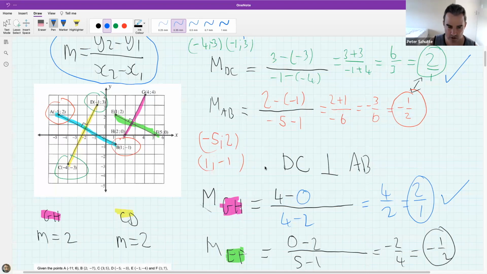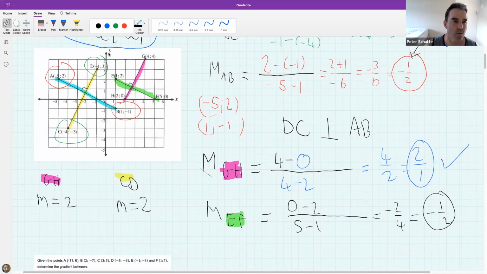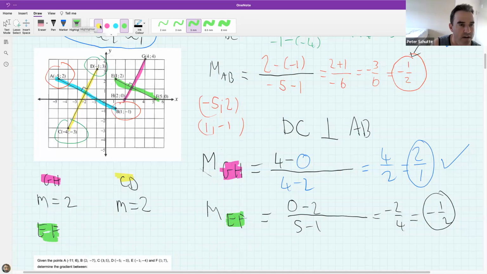Now, I also want to explore for a second the relationship between the green line, the line EF, and the yellow one, which was CD.